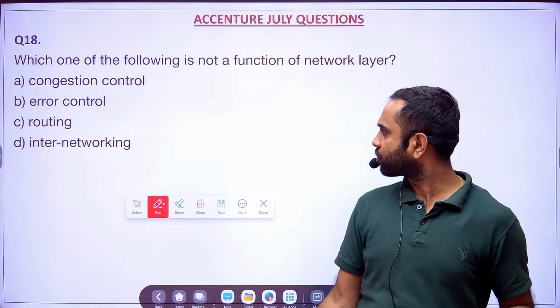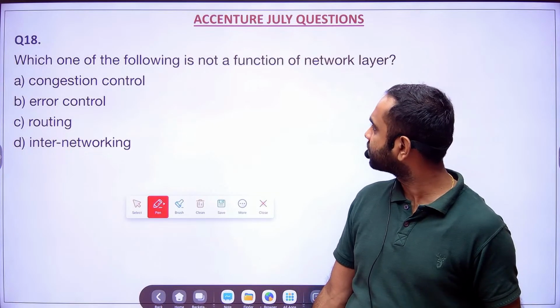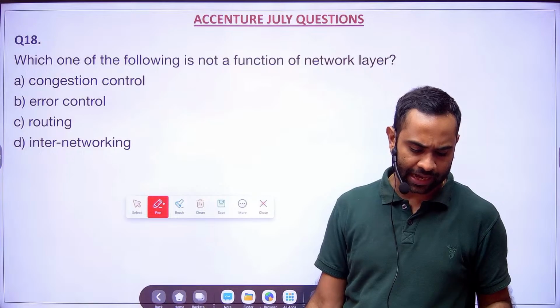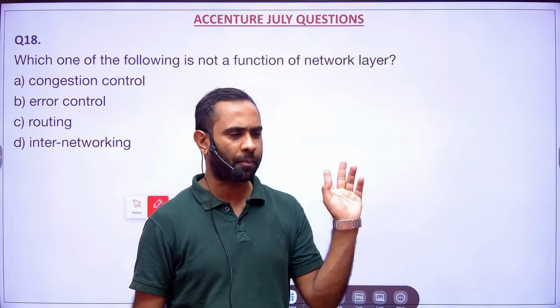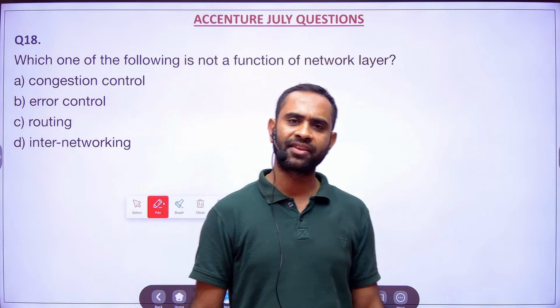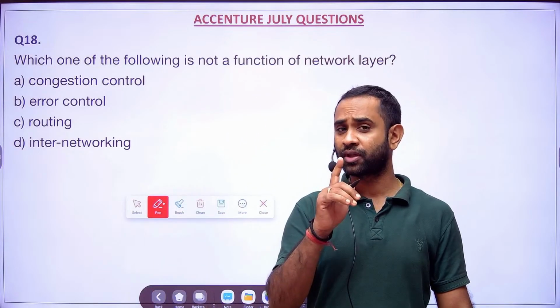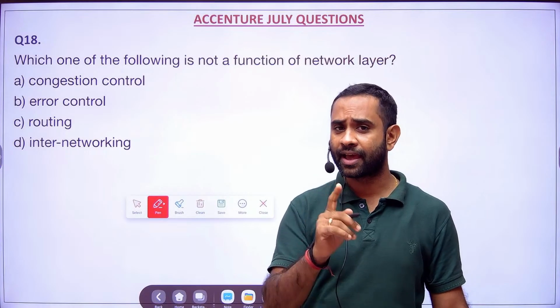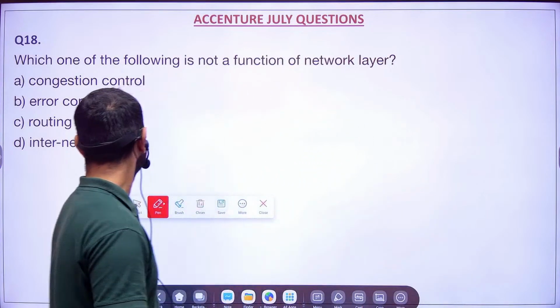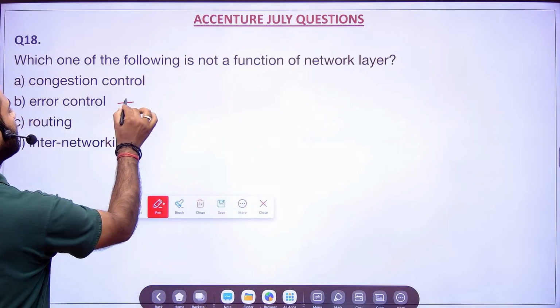Now the next question is, which of the following is not a function of the network layer? Some time back, in one of the problems before, I discussed this and told you that one layer's function is error handling, error control, and that is nothing but the data link layer.